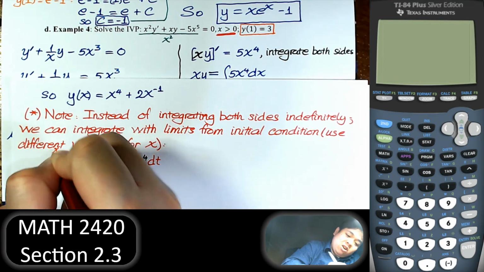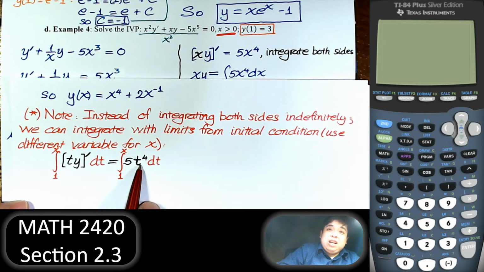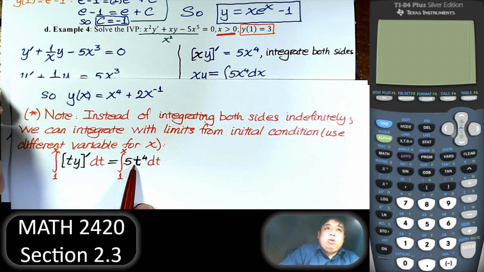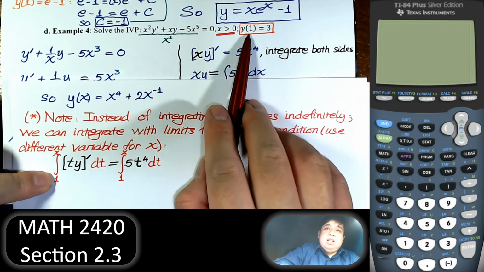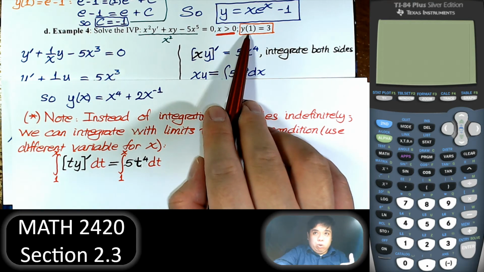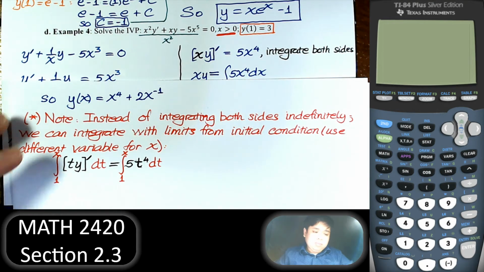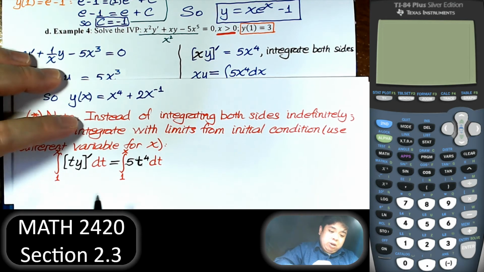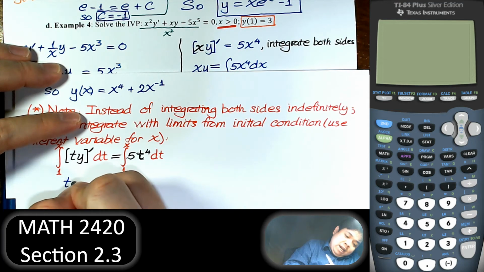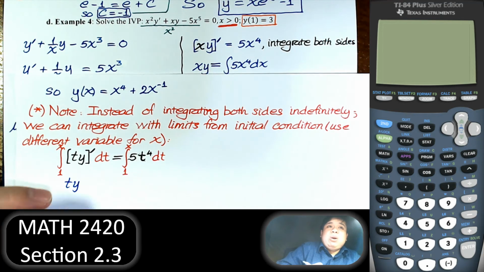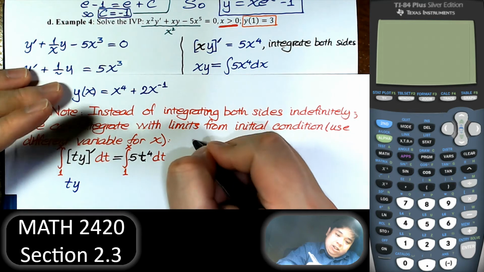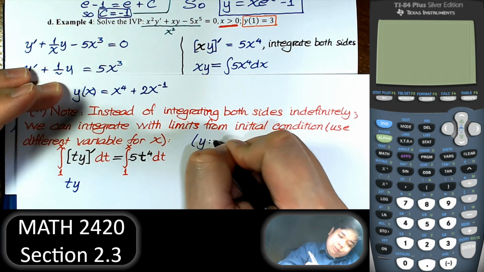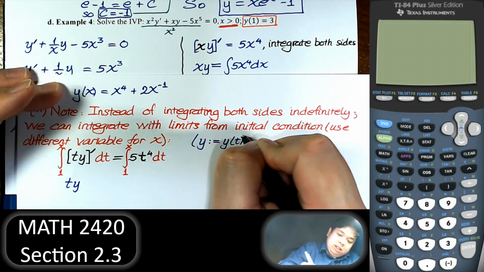Because we put x on the limit, that's why we have to change this to something else. That's the whole reason of changing this to some different variable, because we want to put x on the upper limit, and 1, because it is the initial condition, it starts from 1, so we put the integral from 1 to x. So the integral still undoes the derivative, so that just gives us t and then y. By the way, this is not y, it is y of t, the function of t.